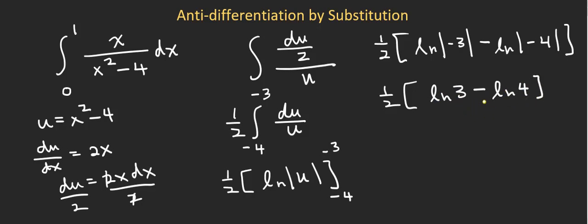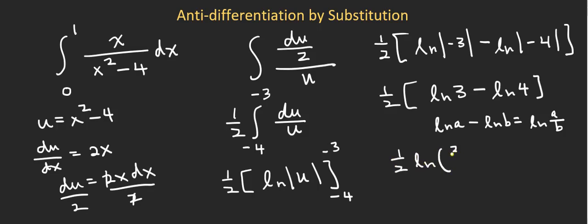Now remember the property of natural logs: natural log of A minus natural log of B is natural log of A over B. So you end up getting 1 over 2 natural log of 3 over 4.